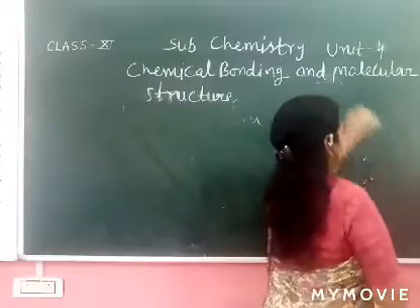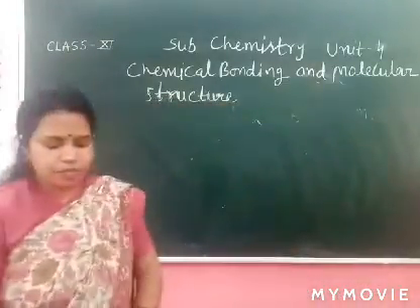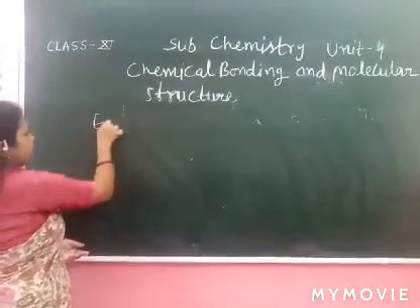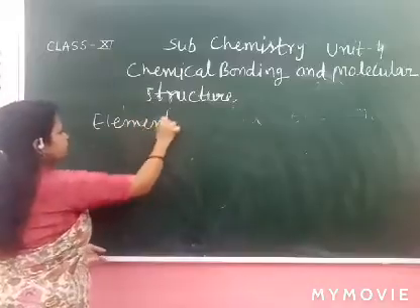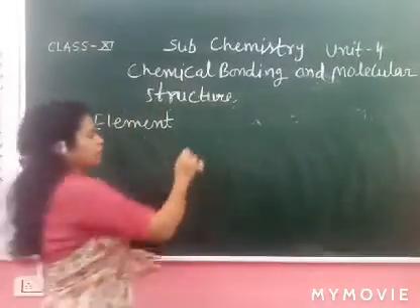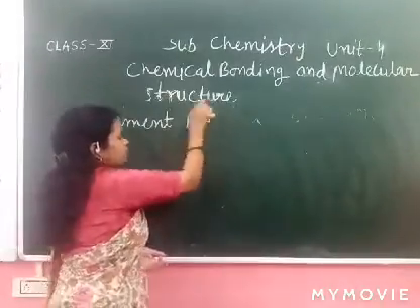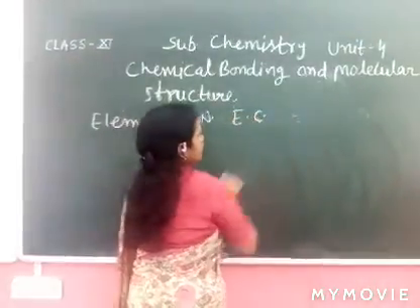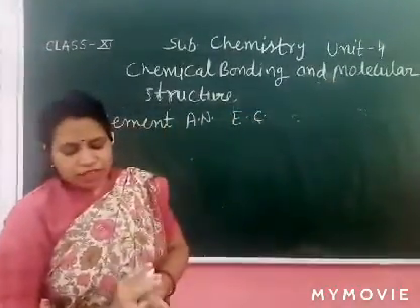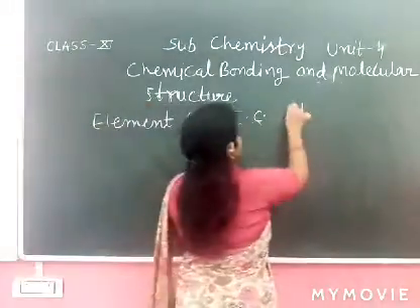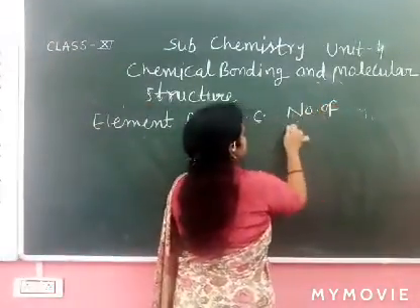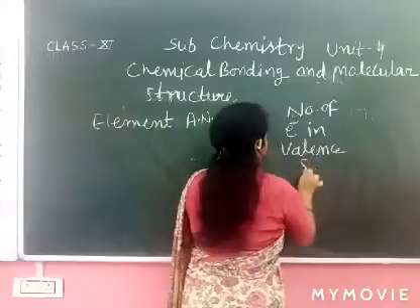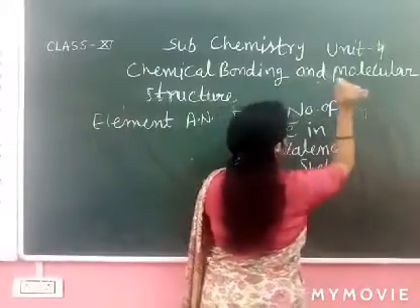How to represent the dots on an atom? We write the element, the electronic configuration, the number of electrons in the valence shell, how many electrons are present in the valence shell, and last is the Lewis dot structure.